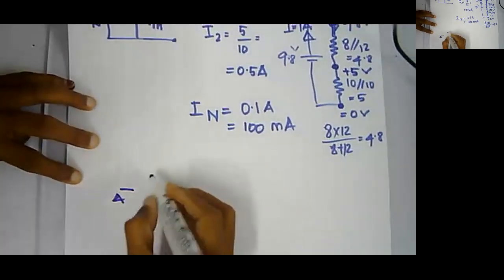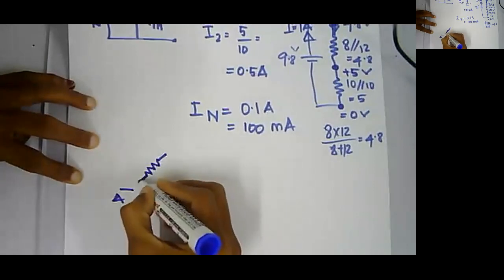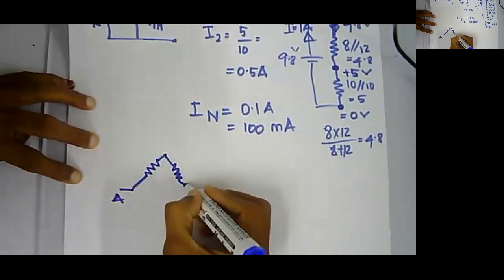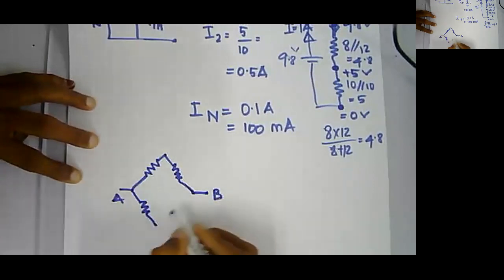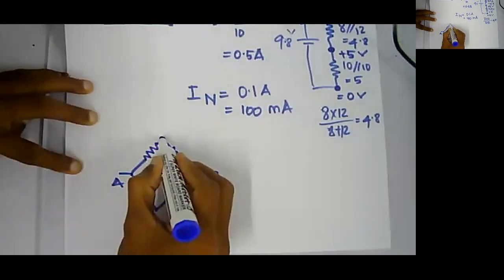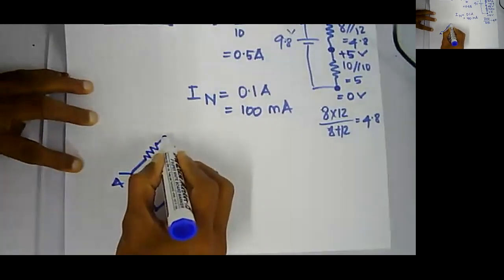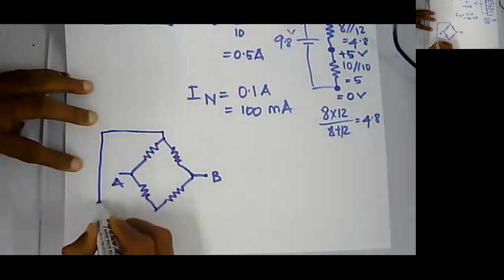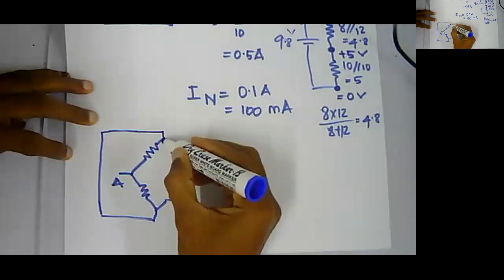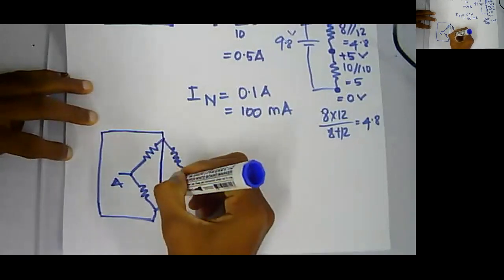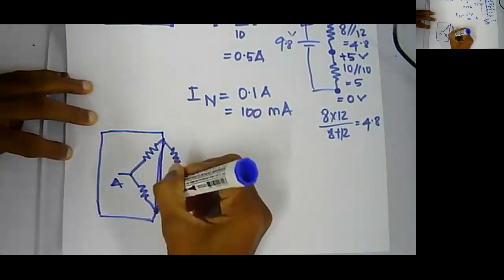Let this be point A, this be point B, right? And then these two have to be short circuited. In other words, I can simply short circuit these two to the middle.